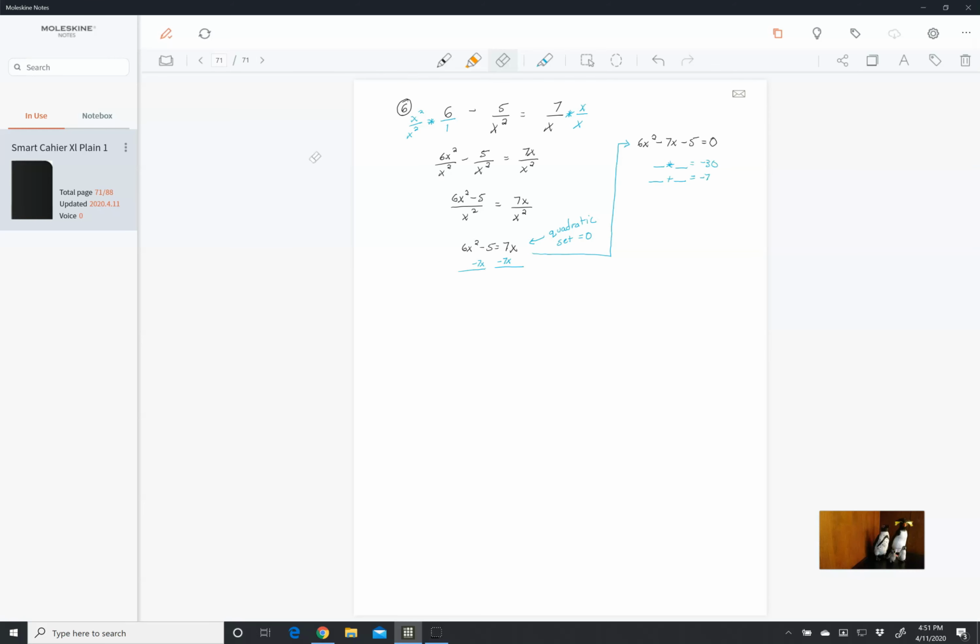So that negative 30 came from multiplying the 6 and the negative 5, the A times the C. I don't know why I wrote 70; I didn't mean to write 70. And we do have numbers like that. We have a negative 10 and a positive 3.